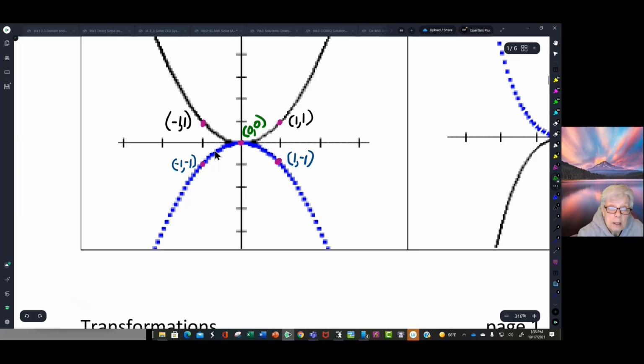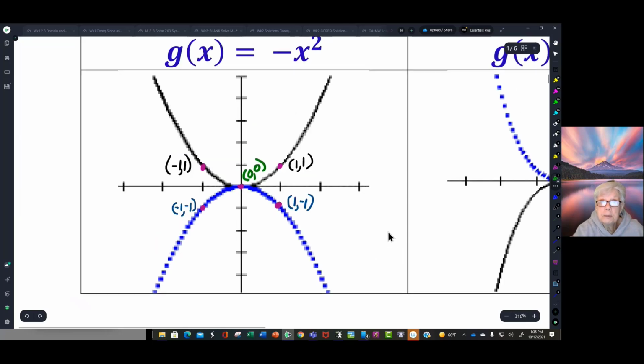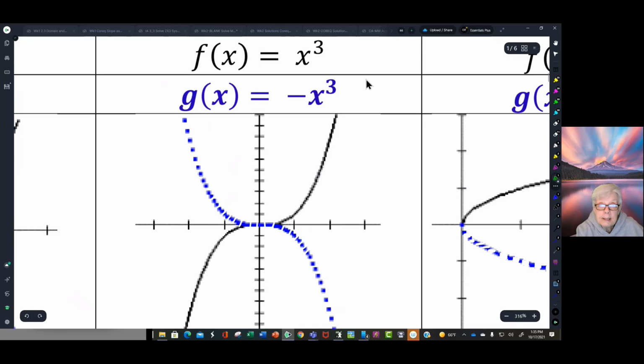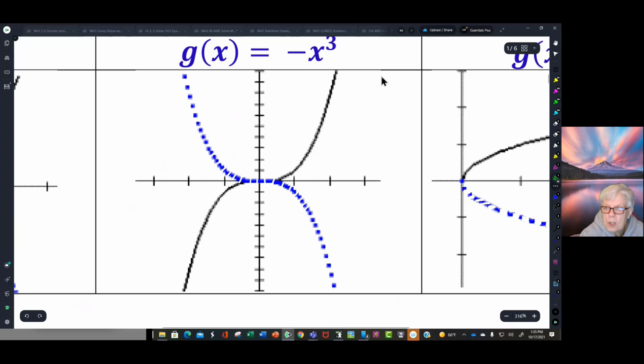As a result, your reflected graph is an upside down version of the basic graph right here. As always, leave it to x cubed to be a little different. So for the moment, I'm going to say, yes, this is the basic graph f of x or y equals x to the third.